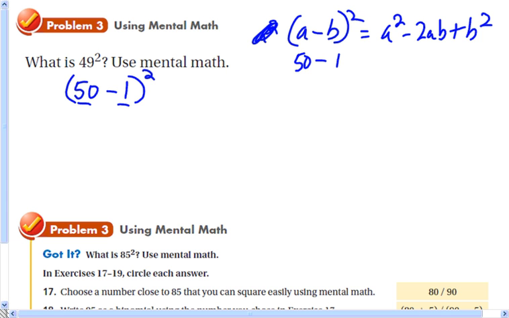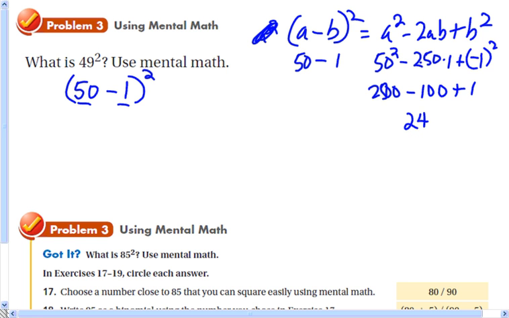So I really need to do this: 50 squared minus 2 times 50 times 1 plus negative 1 squared. And if you think about that, that's just 2,500 minus 100 plus 1. So it's just 2,401.